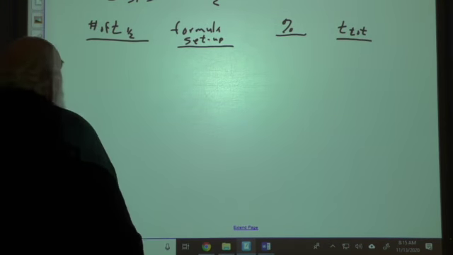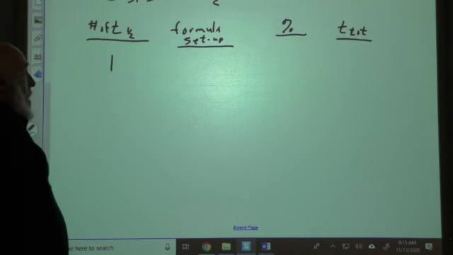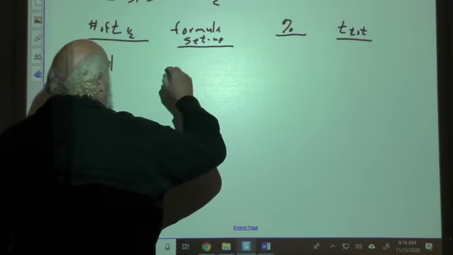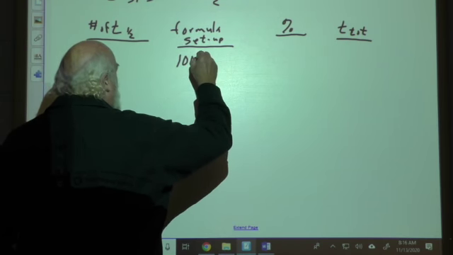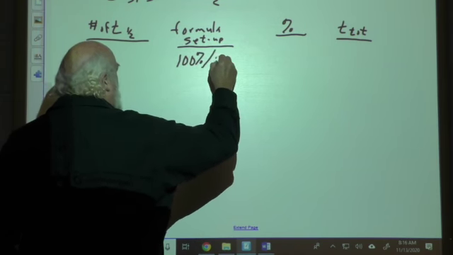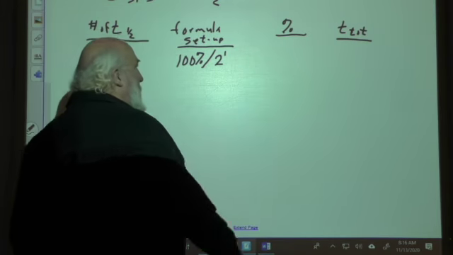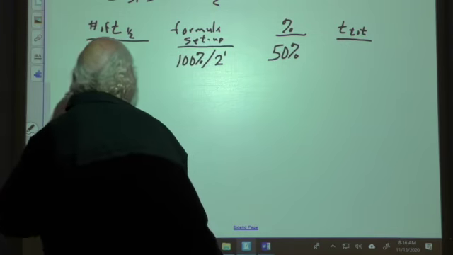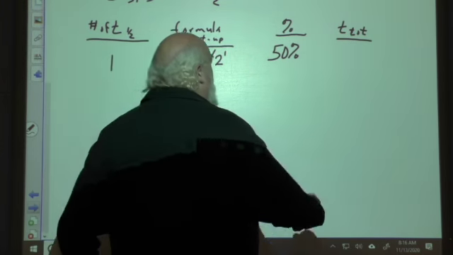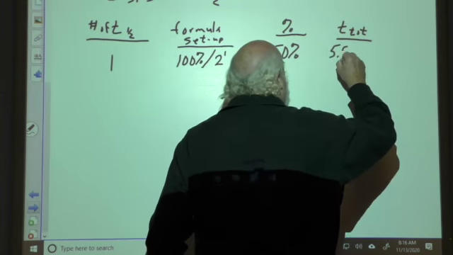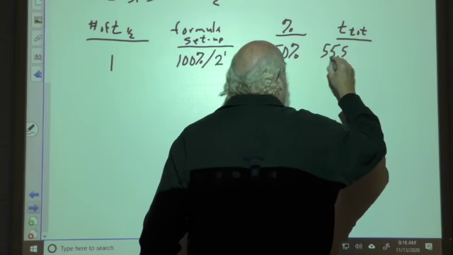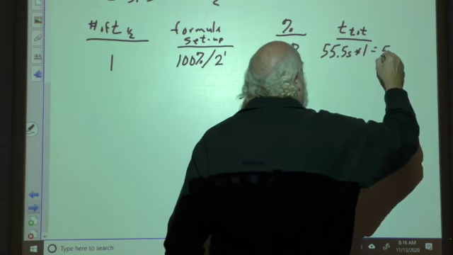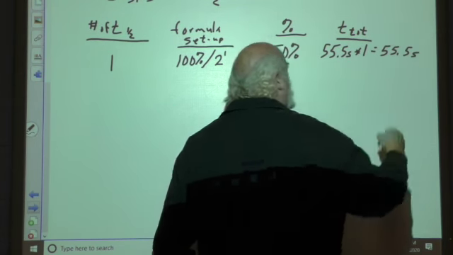So, in the first half-life, the formula setup is going to be 100% divided by 2 to the first power, and that's going to give us 50%. Now, since this is one half-life, this is going to be 55.5 seconds times one half-life, which is 55.5 seconds.